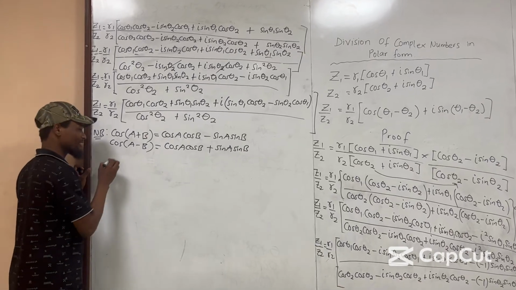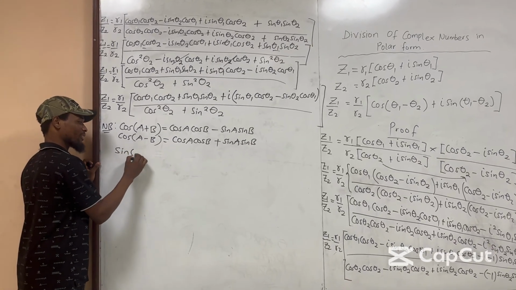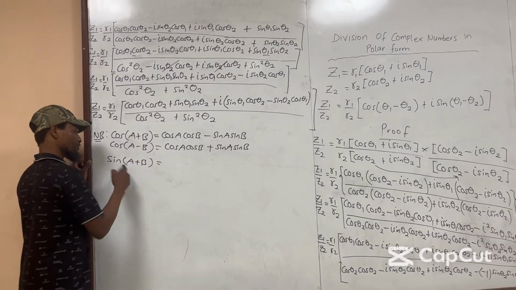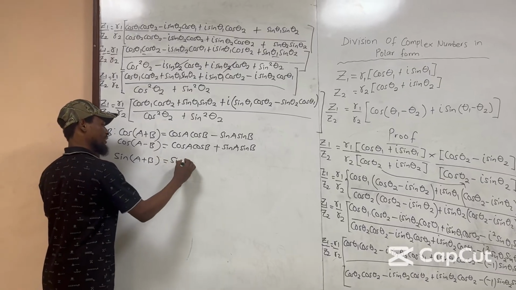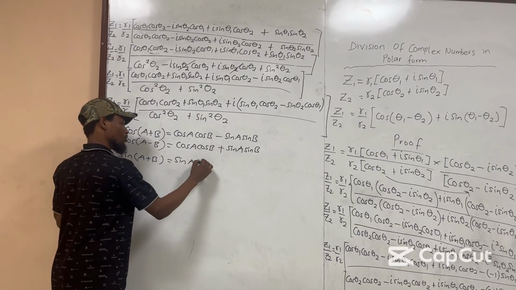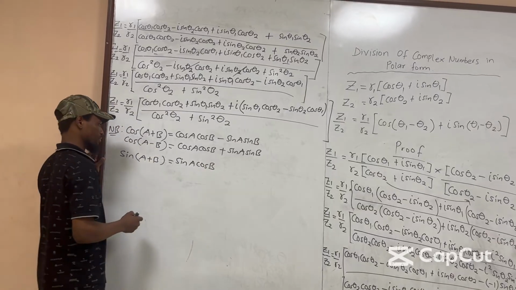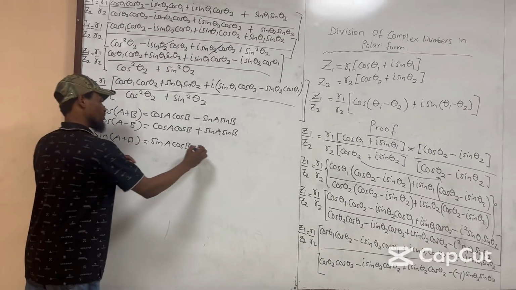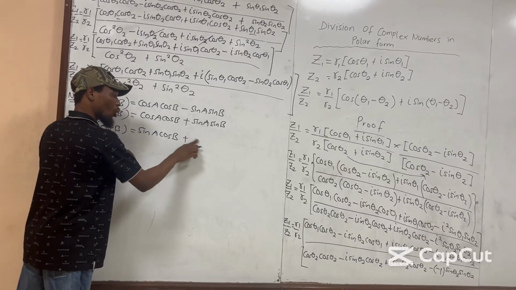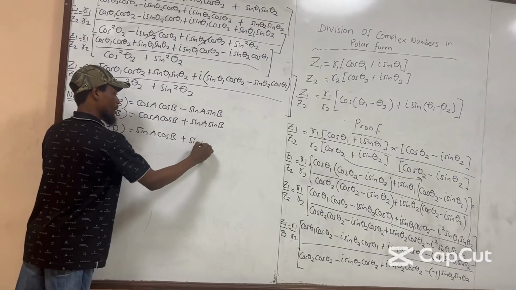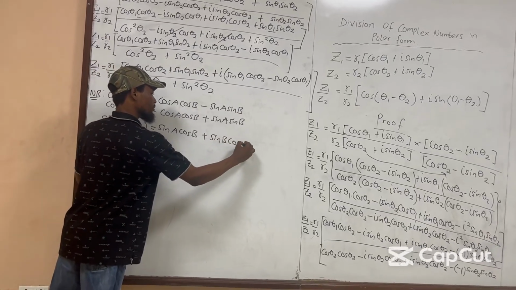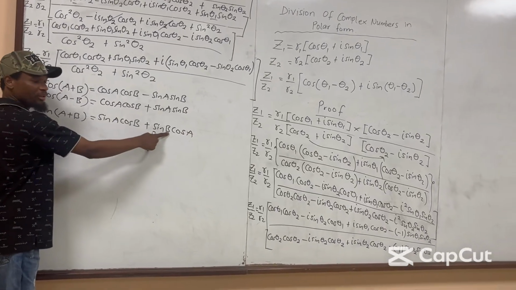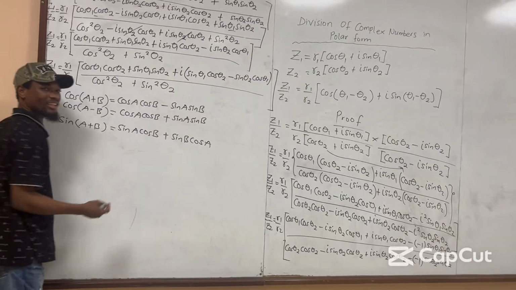So for sin, we have sin A plus B, which is sin A cos B plus either cos A sin B or sin B cos A. So for the sin, you have sin A here, over here sin B, you have cos B here, cos A.